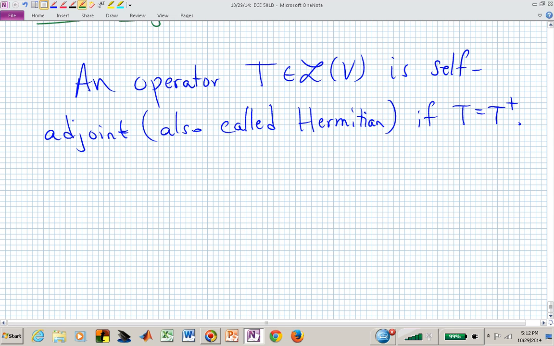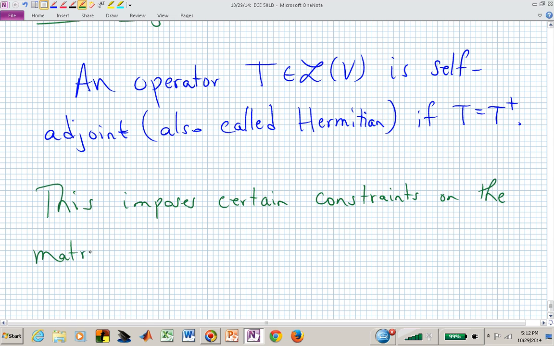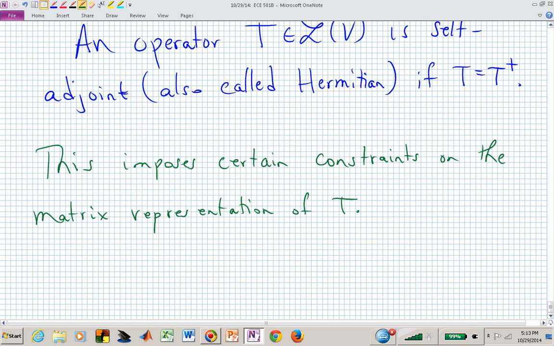Having T equal to T dagger imposes some constraints on the elements of the linear map T. This imposes certain constraints on the matrix representation of T.